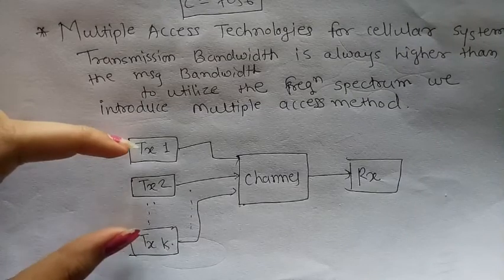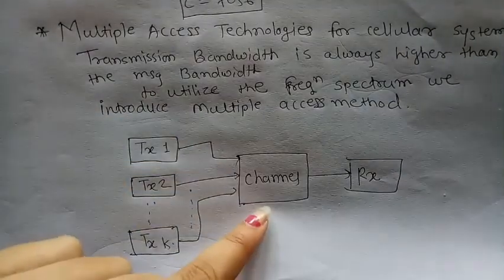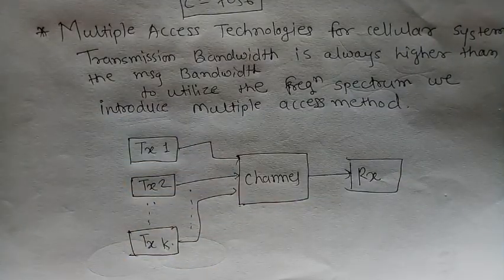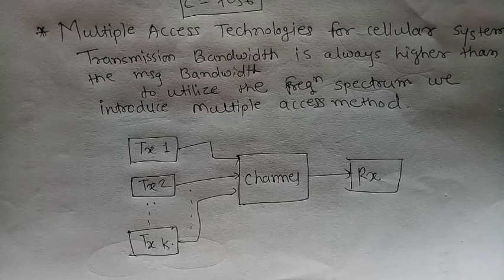These signals are carried at the same time, given to the channel and then passed to the receiver. That is the main concept of multiple access. Simply you have to know that the ability of the system to carry many signals at the same time is called multiple access, and to utilize the frequency spectrum efficiently we use the multiple access method.